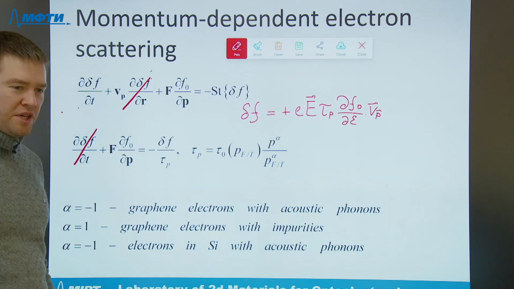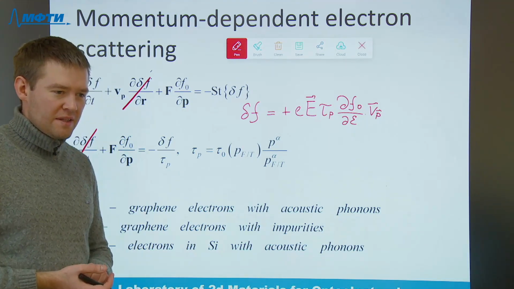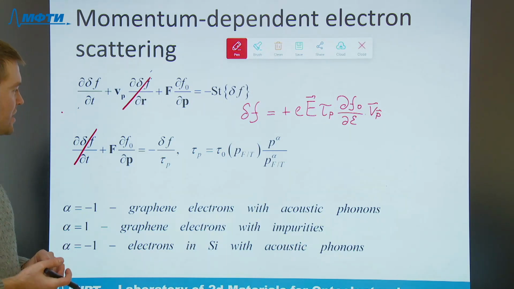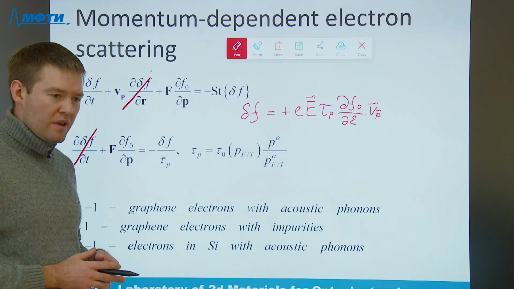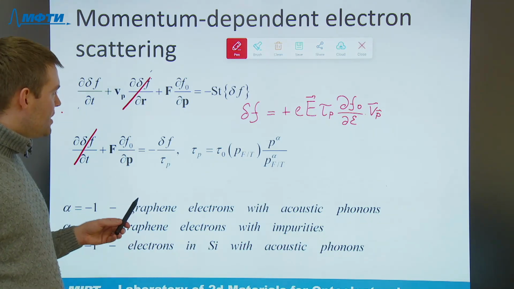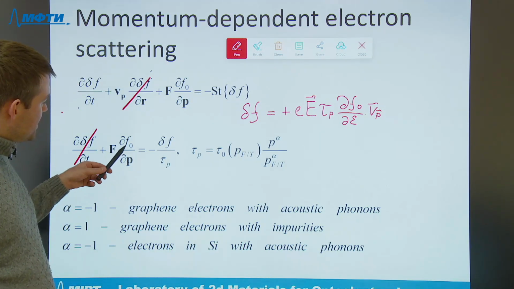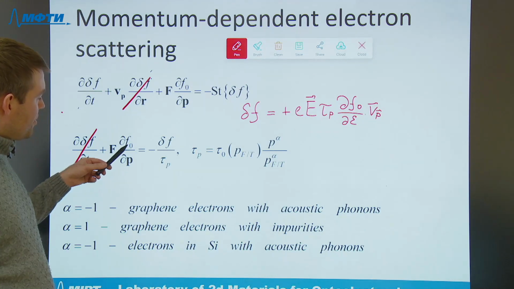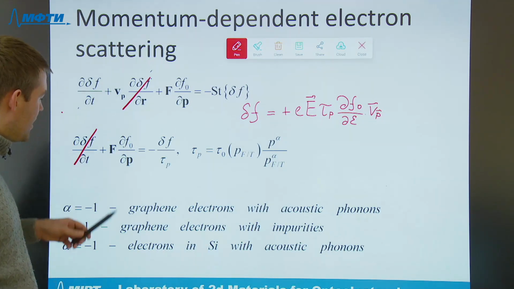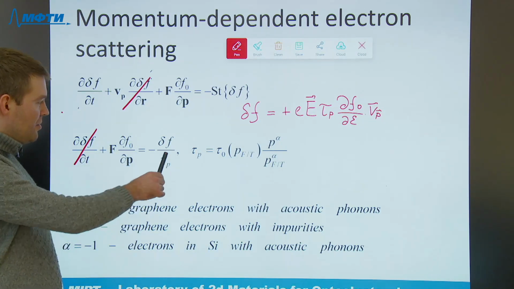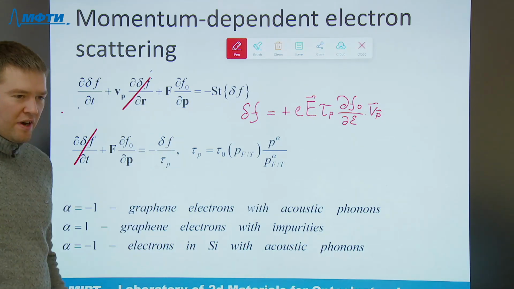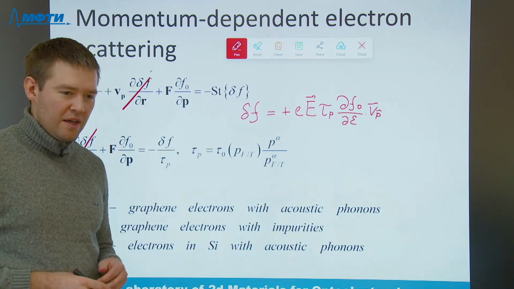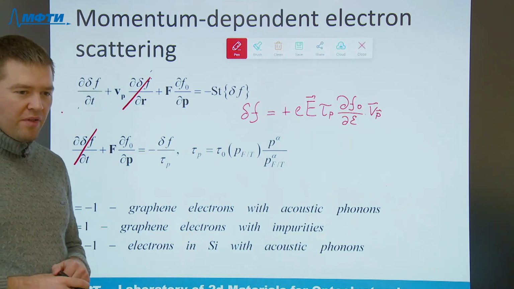Well, just to check whether you listened carefully during the previous lecture, why, when we solve the kinetic equation, can we retain the zero-order distribution function, the equilibrium function, in the force term, but we write the correction to the distribution function in the collision term? Does anybody remember this argument?